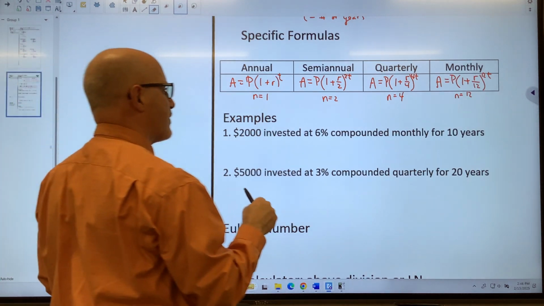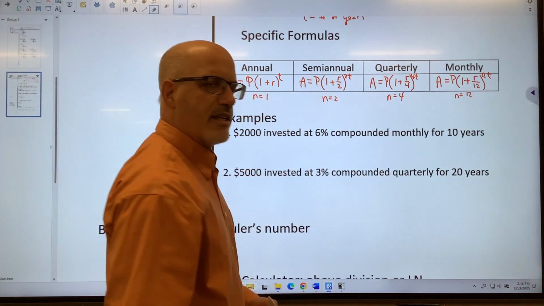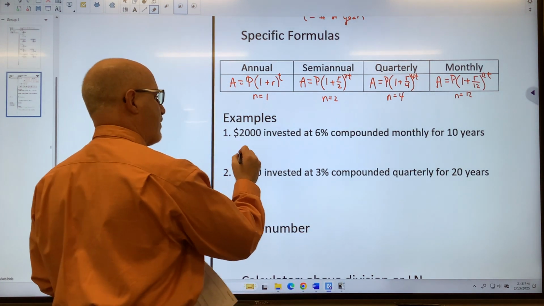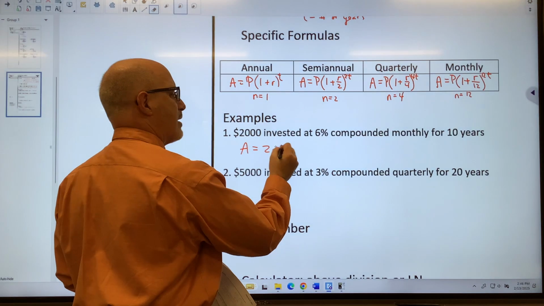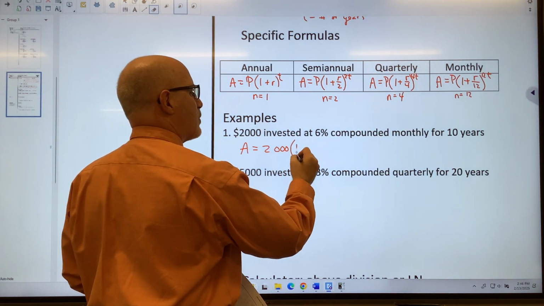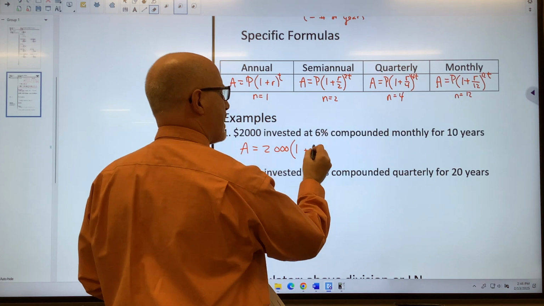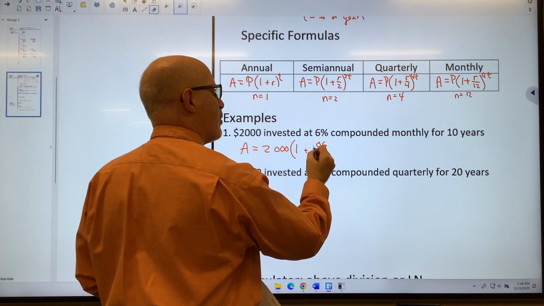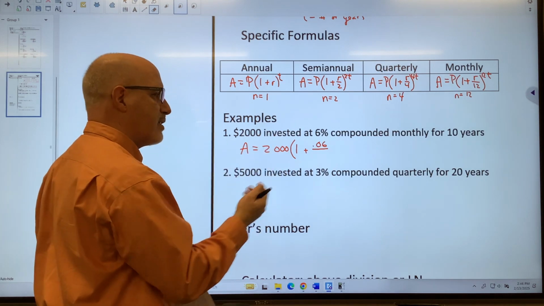So first of all, this first one, we're going to invest $2,000 at 6% compounded monthly for 10 years. So we're going to put our formula as A equal to the principal, which is $2,000, times 1 plus the rate, which in this case is 6%. We don't put 6, we put 0.06 because we're taking off the percentage symbol and putting it into a decimal.